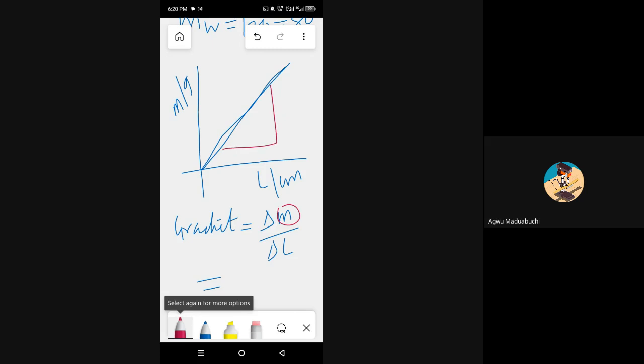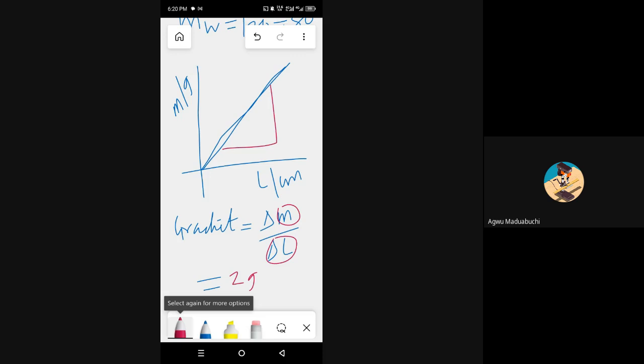So your answer will be something like, let's say 2 grams per what? What's the unit for length that we used in the experiment? Centimeter.